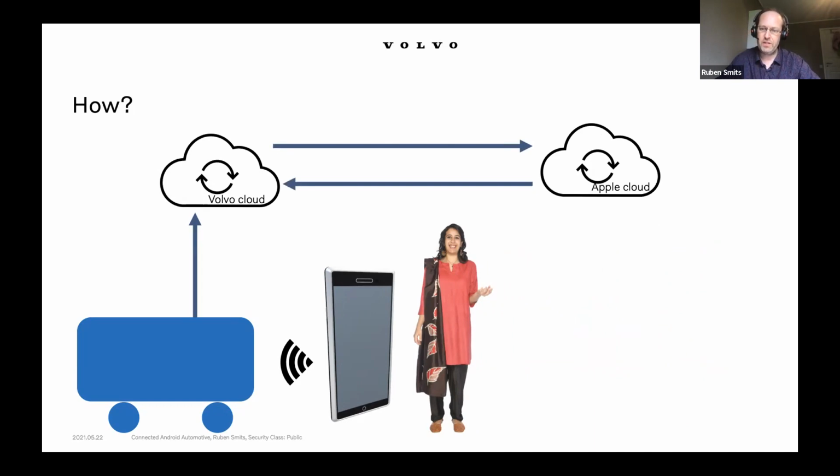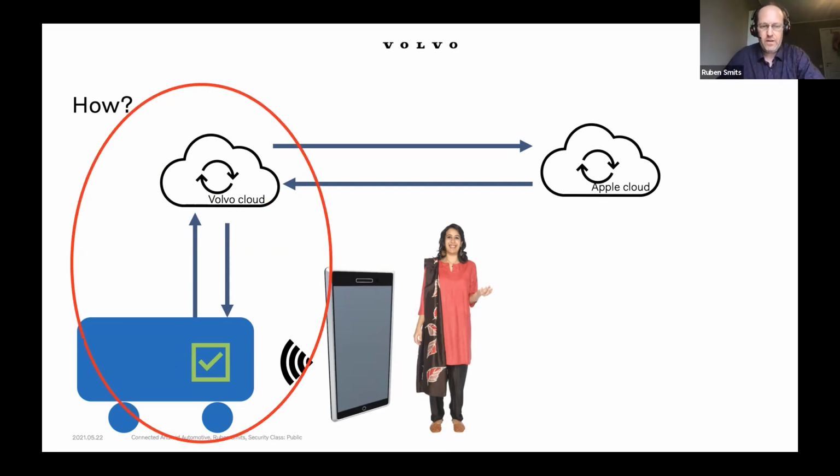And the information is sent back to the Volvo Cloud. And then that information is processed and then forwarded to the car. And in the end, the car unlocks. This is quite magic, I would say, because this all happens in a split second. So it needs to be very efficient.